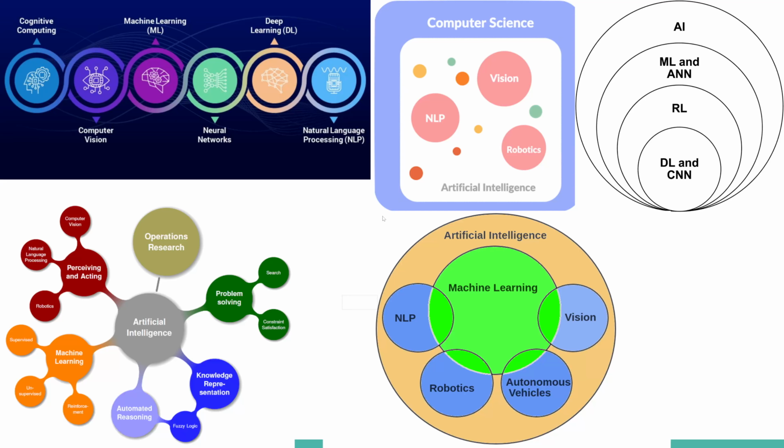Now, I can't be too mad that people don't understand this, because these are the graphs that exist out there. These are things that are pulled from Wikipedia, from Medium articles, from news articles. It's extremely convoluted and confusing on what the hell is AI, what's this machine learning thing, what's this deep learning thing, why are you bringing in neural networks into this?